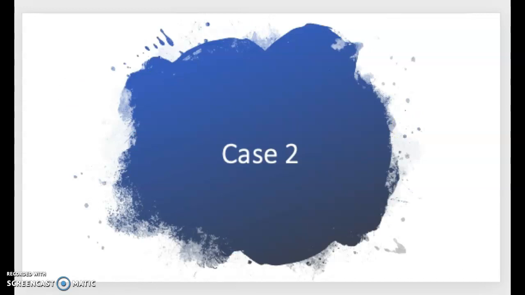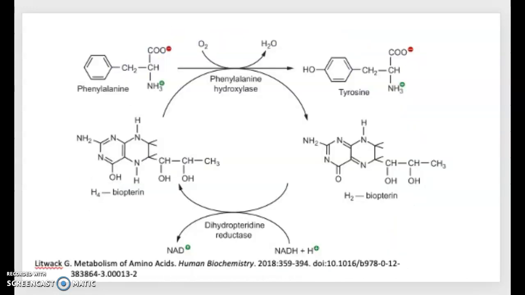So then I looked at case number 2, and in case number 2, when phenylketonuria is present, tyrosine becomes essential. Normally, phenylalanine is hydroxylated to tyrosine by phenylalanine hydroxylase and the cofactor B4.